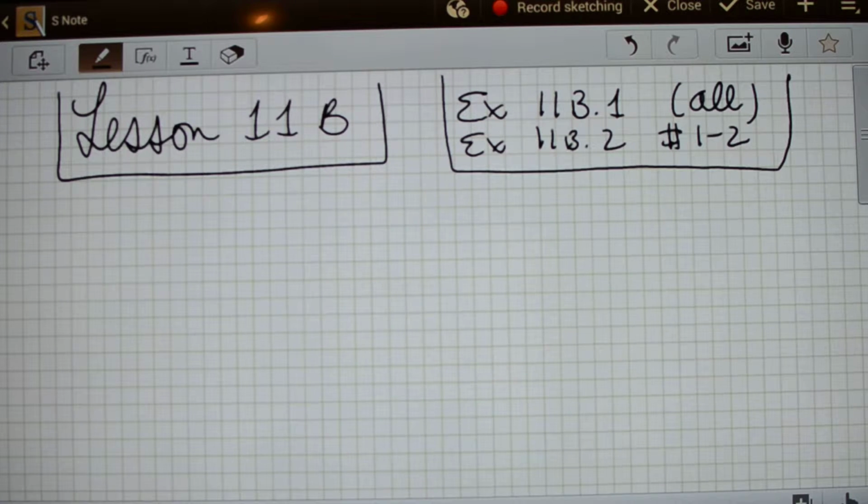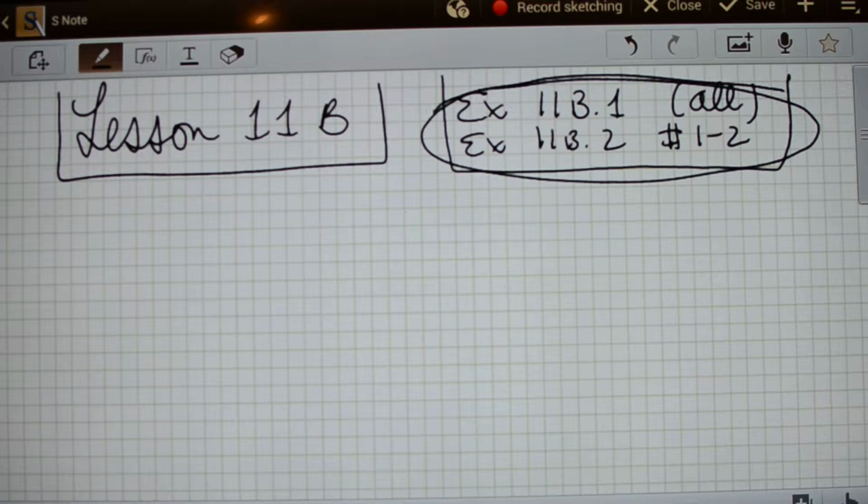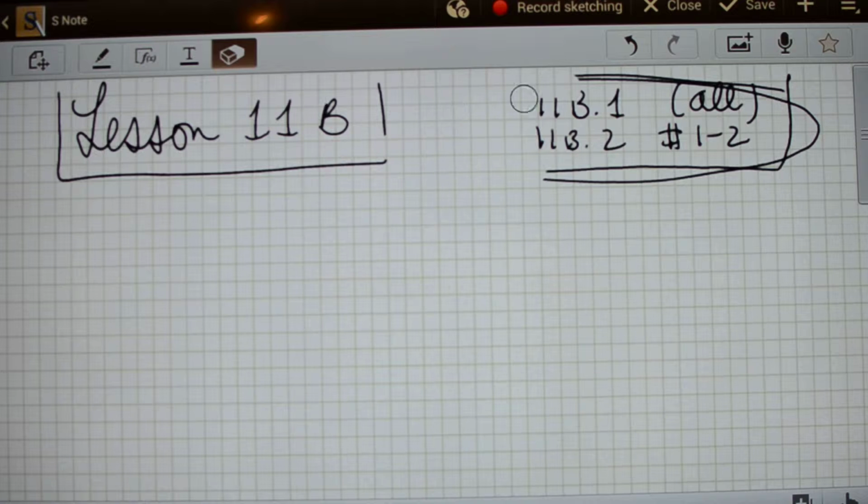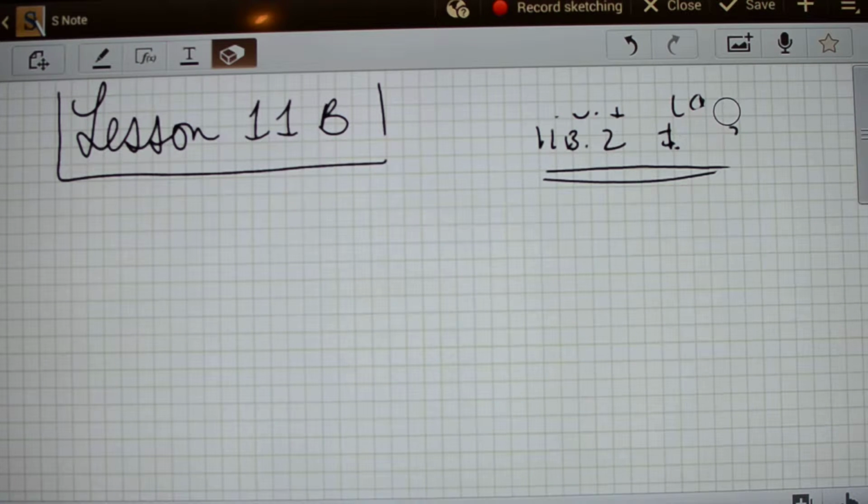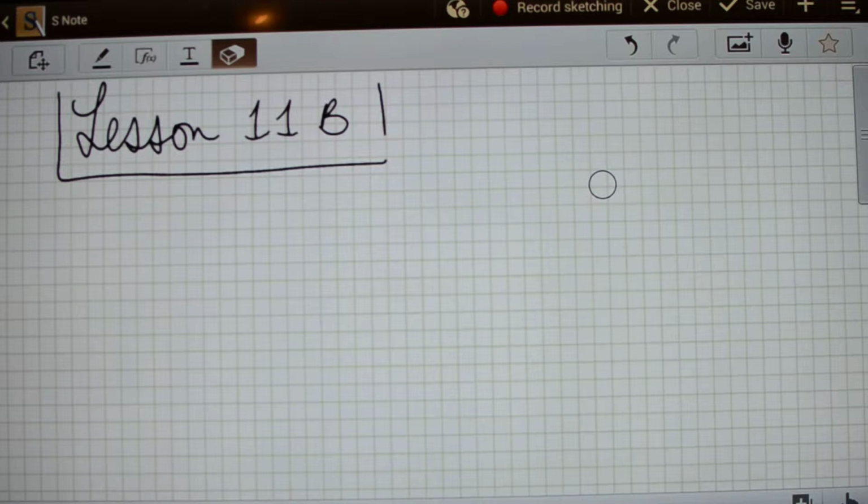You should have completed all of this already. If you have not, then you need to go do that. I don't want you to learn too much material without having practiced the previous material, because it kind of builds. It kind of gets more difficult as you go. So make sure that you're prepared before you move on to this very last lesson.